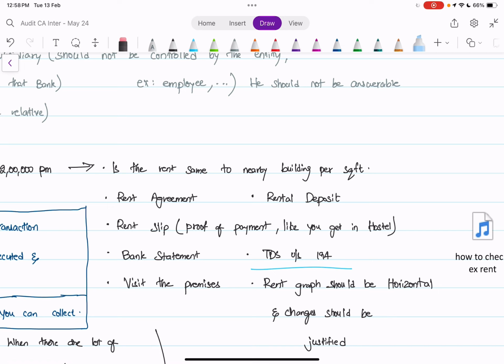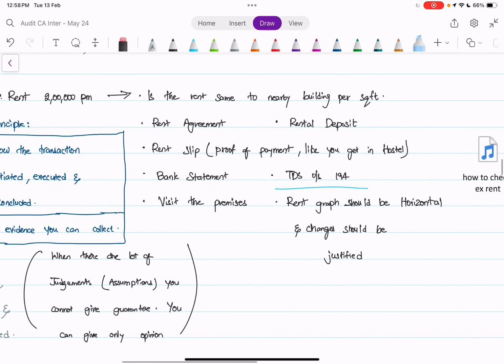You can check the bank statement too, confirming the details of the person giving the premises. And you can see whether TDS has been deducted or not. This is a very, very important thing. And you can compare the rental amount with premises surrounding your rental premises.